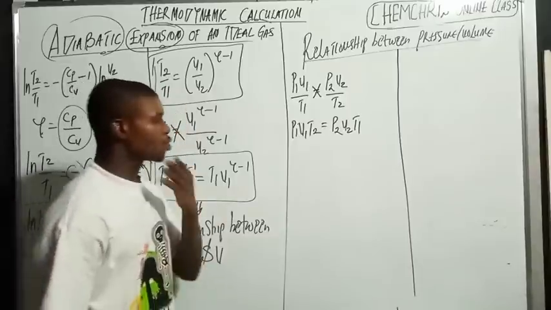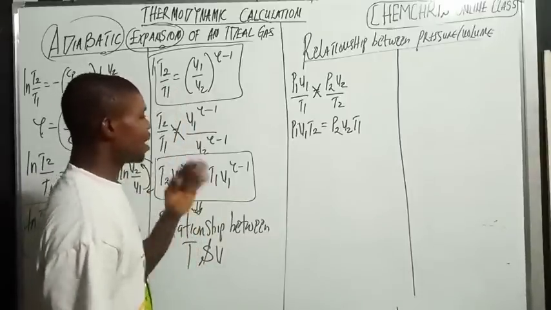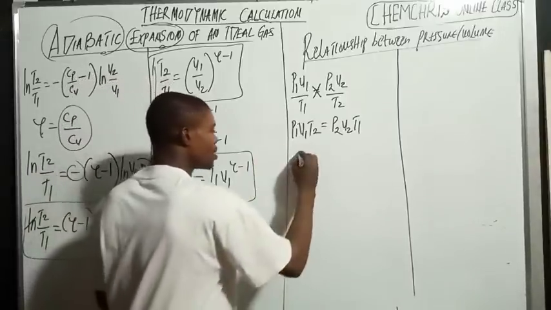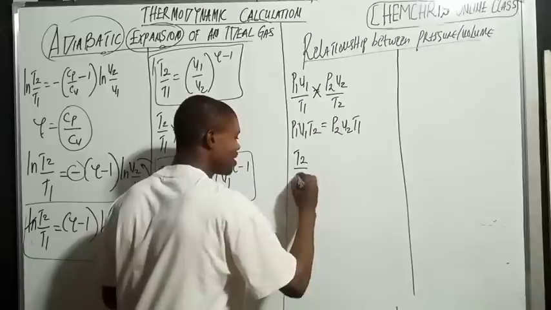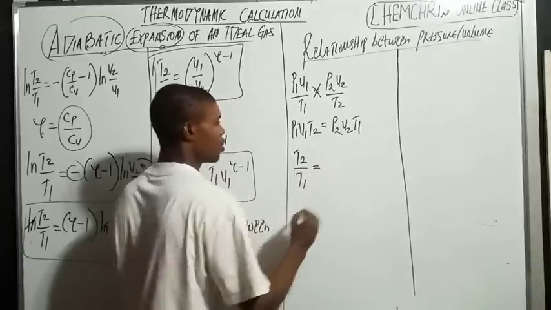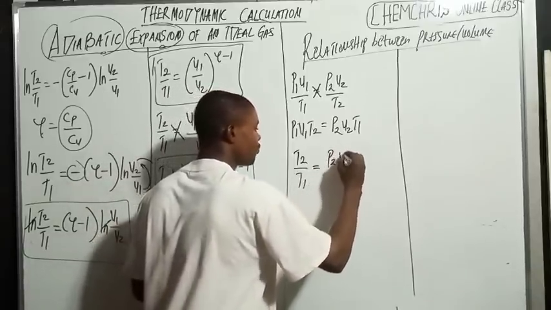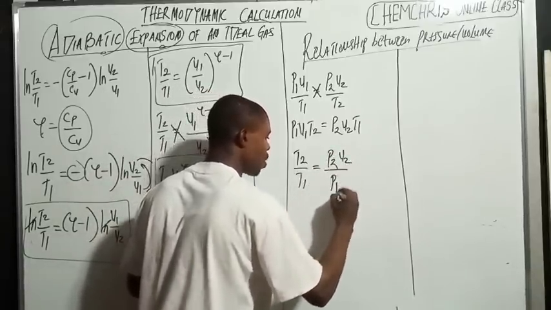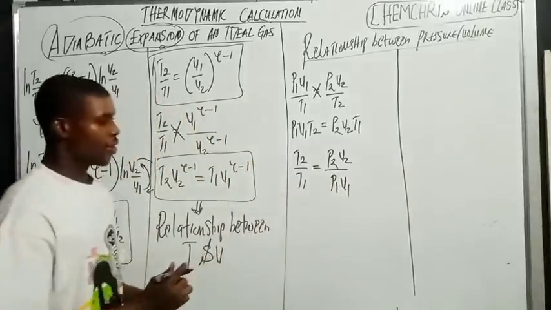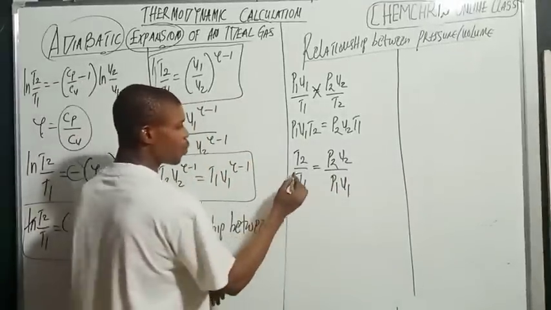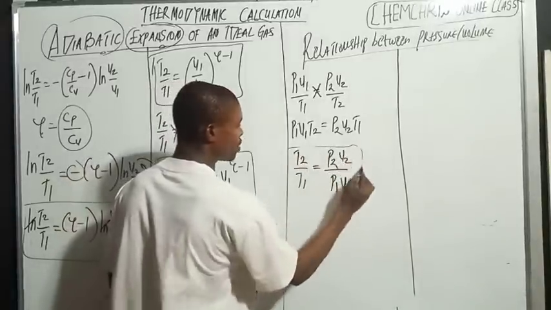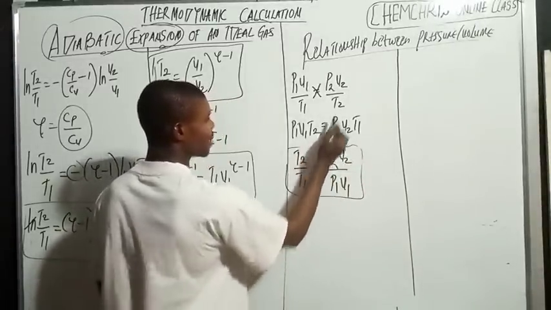Follow me closely here. So T2 over T1 equals P2 V2 over P1 V1. If you check very well, this is also the same thing as this one here.